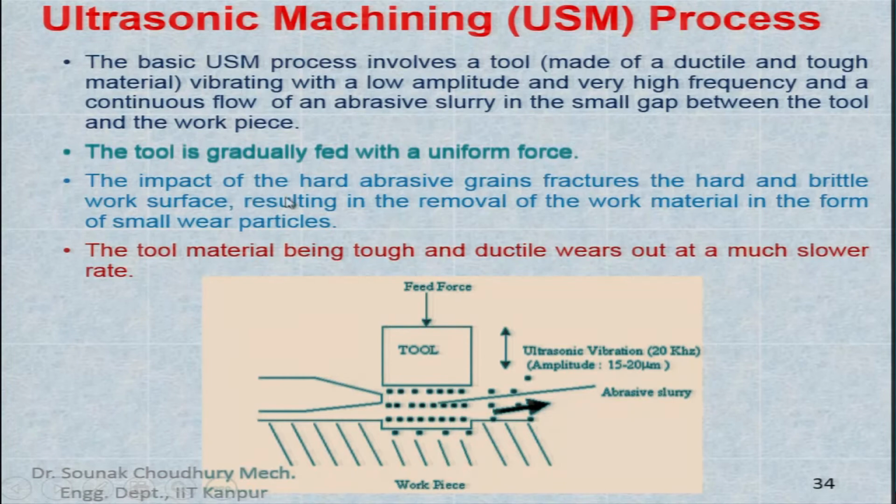Now, the impact of the hard abrasive grains fractures the hard and brittle work material, resulting in removal of the work material in the form of small wear particles, and these wear particles can be taken away by suction. The tool material, being tough and ductile, wears out at a much slower rate than the workpiece.